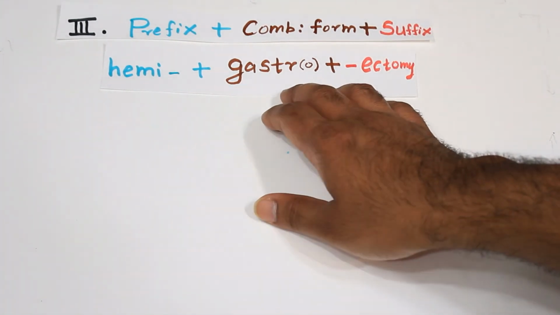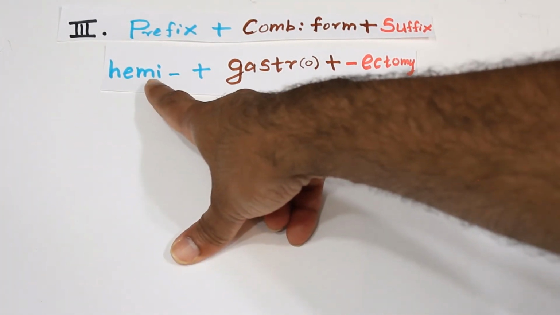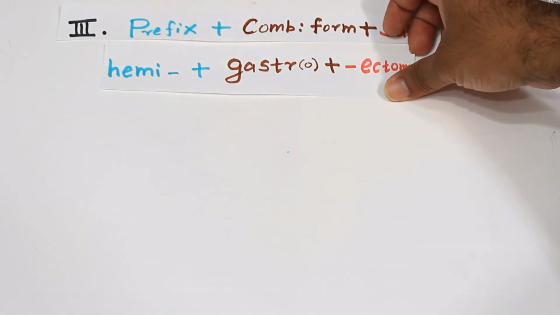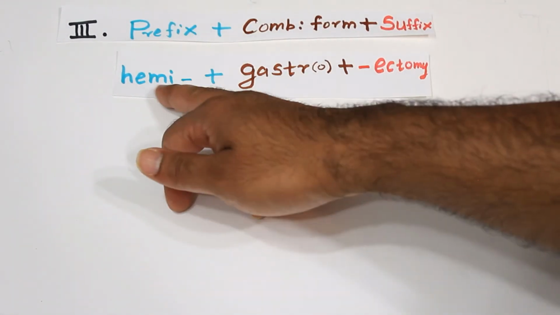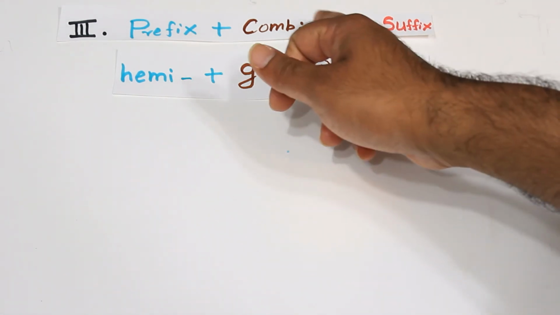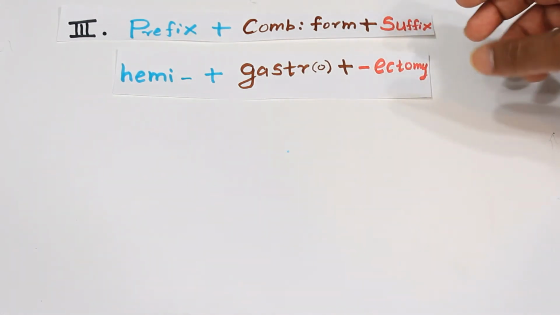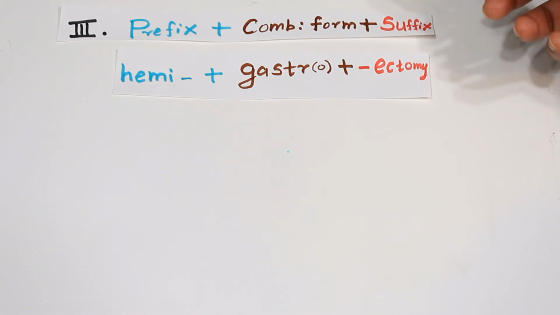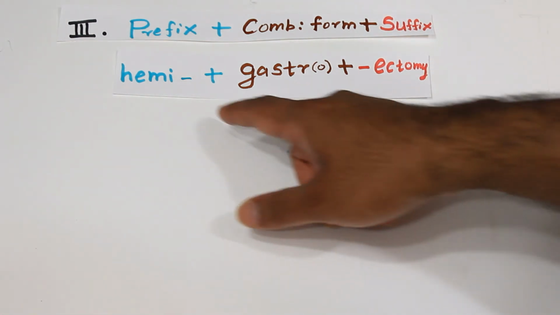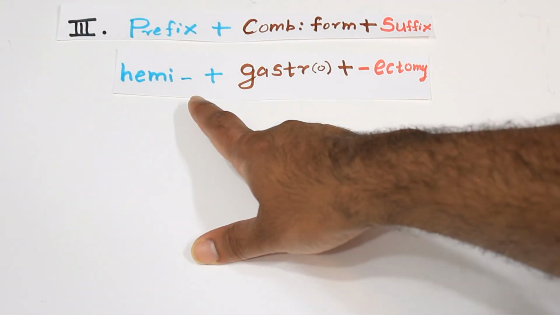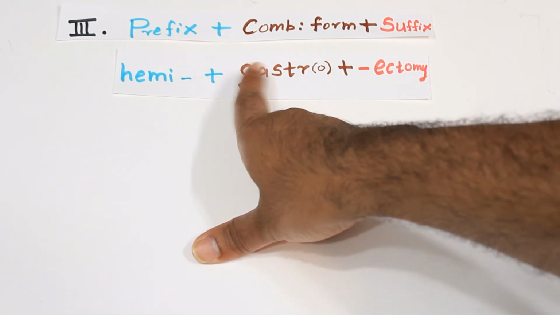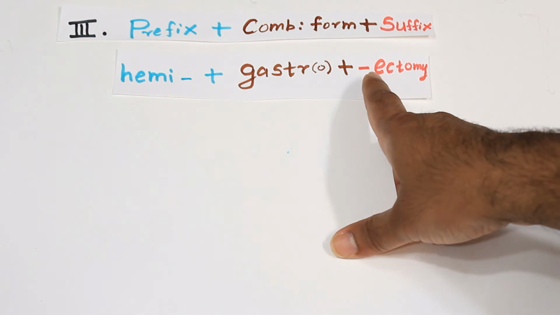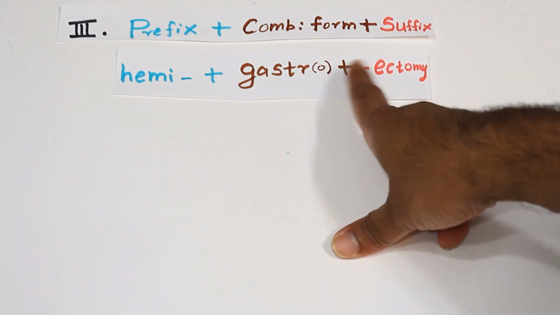This is going to look like this. Hemi is the example of a prefix. Gastro is a combining form. Ectomy is the suffix. Here there is nothing to be split, but there are two vowels.